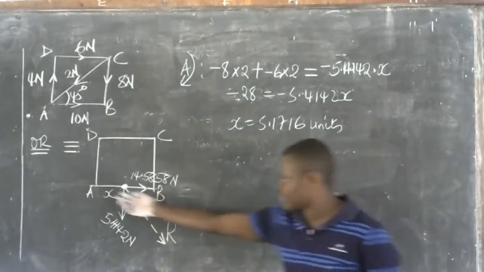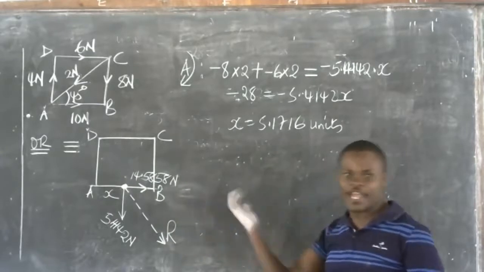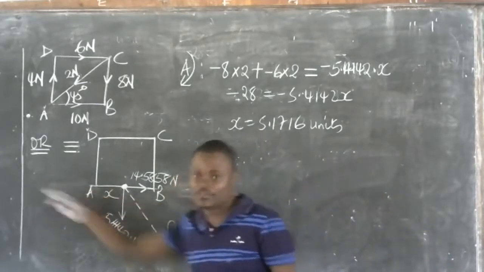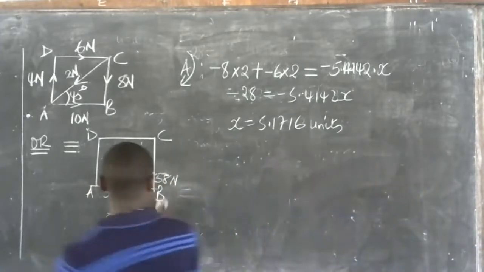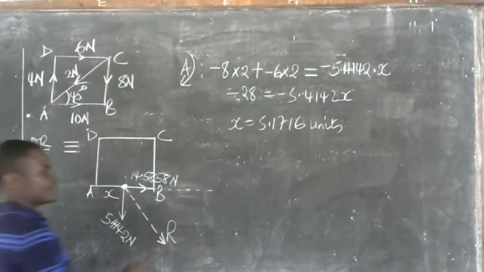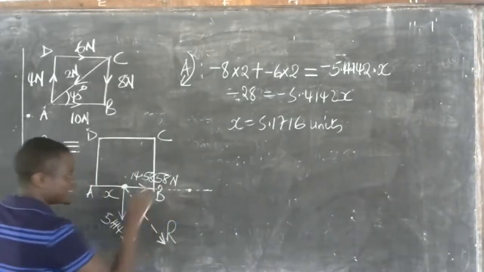And because it's positive, that means it shifts in the positive direction. If it is negative, you shift it towards negative. If positive, you shift towards positive. So this will give us the point supposed to be there.